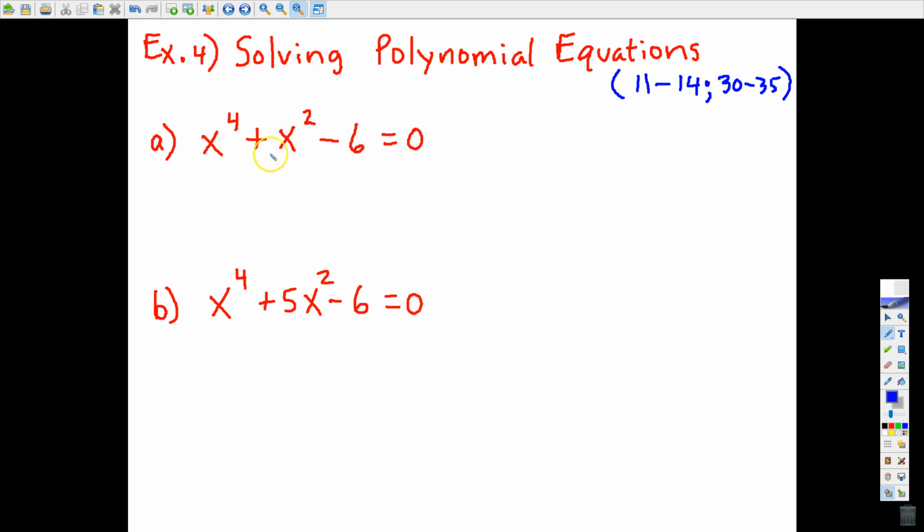Remember that the degree of the polynomial will always tell you how many solutions you should come up with. So when I'm done with this equation, I should end up with 4 solutions.